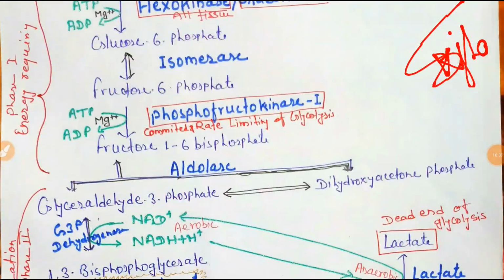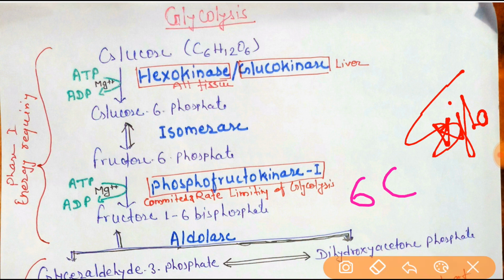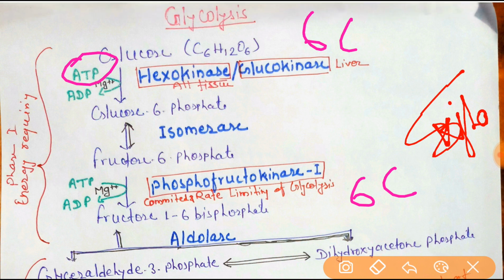In this step, the ATP is used. That means for the 6 carbon atom compound, 1 ATP and 2 ATP are utilized, that means minus 2 ATP.